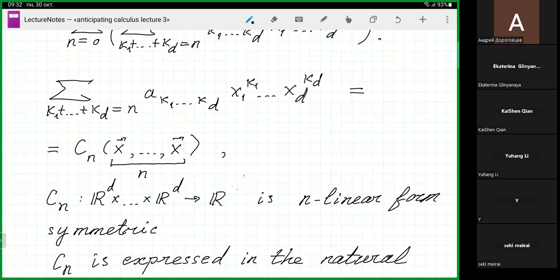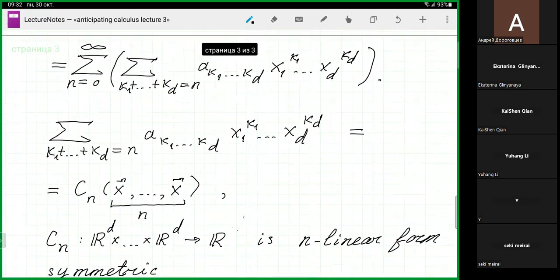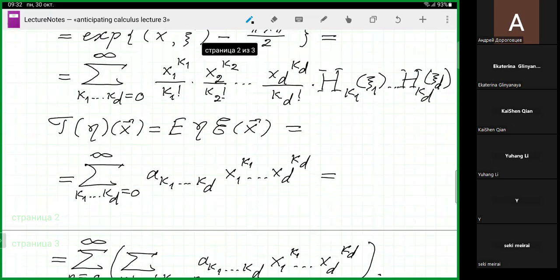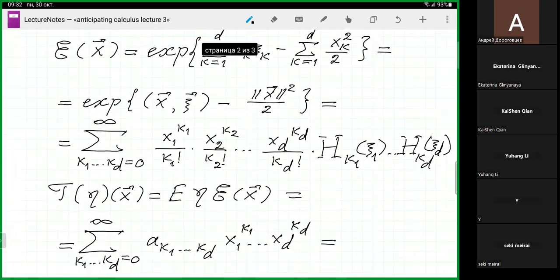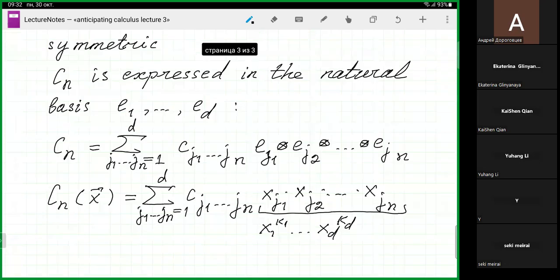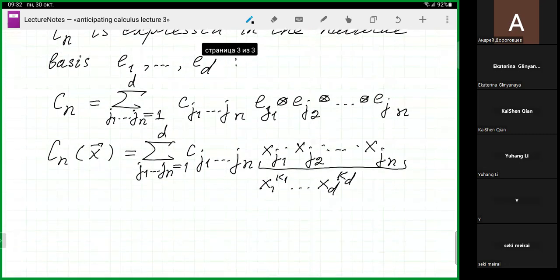Since then, I will try to go back to this expansion for eta, and also use the same approach. In order to do this, let me expand our definition of weak product.